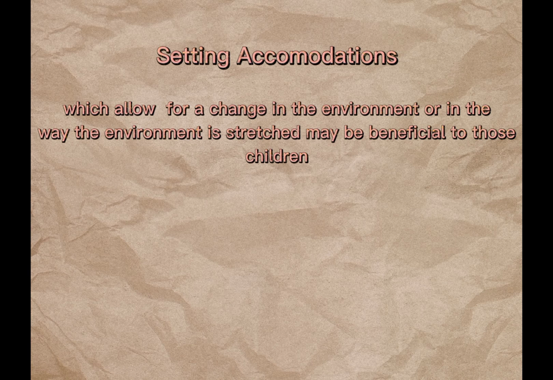Setting accommodations, which allow for changes in the environment or in the way the environment is structured, may be beneficial to those children. They provide assistance to those students with disabilities so that they can participate in the same educational opportunities as students without disabilities. Nevertheless, keep in mind that making accommodations.